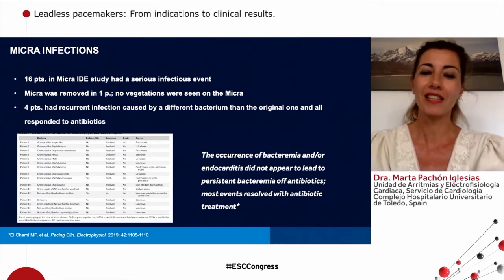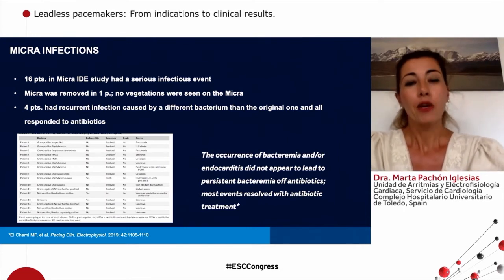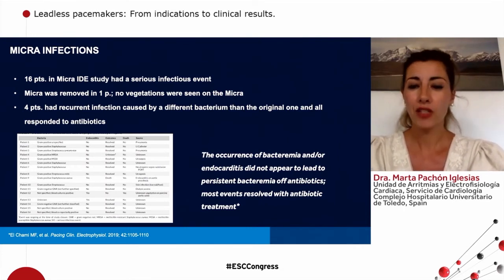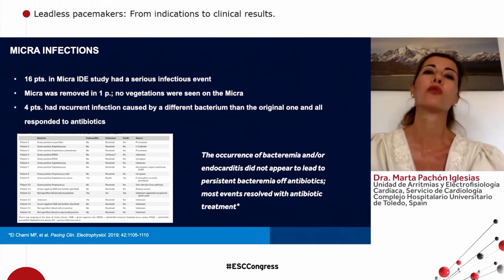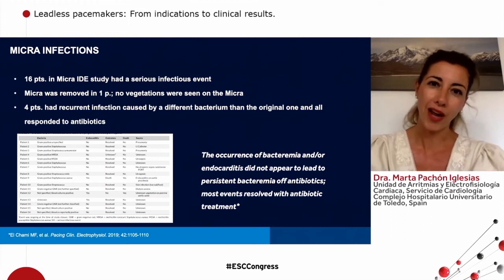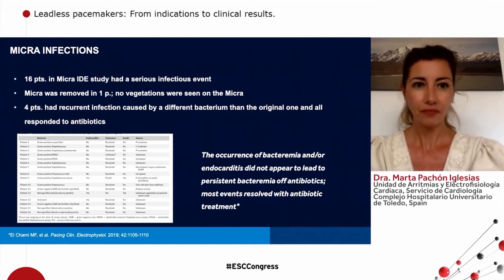Where is the incidence of Micra infection in the real world? Well, there were no Micra infections that required Micra removal in the more than 2,500 patients included in the IDE trial and in the Micra post-approval registry. And this is a very important data point.